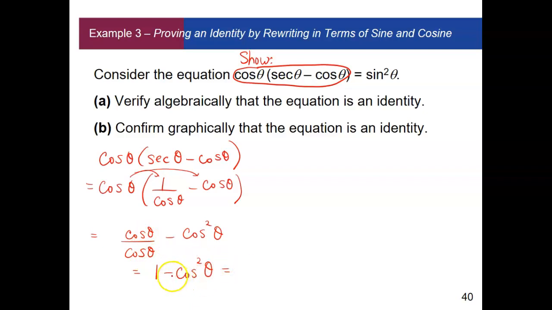And then we know from our Pythagorean identity that 1 minus cosine squared is sine squared. And that's what I needed to end up with. So all of these steps have to be shown. So if you're verifying or showing an identity, your answer is actually the steps itself. It's not even this. This is already given to us. It's the steps in between that you answer. So be sure that you're showing those.